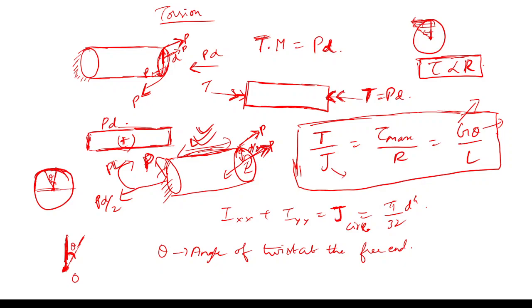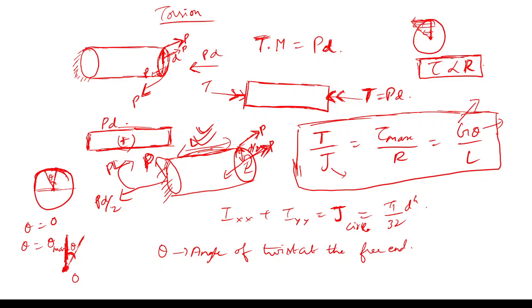And can you say where this angle of twist will be zero along the length? At the fixed end, you will have theta equal to zero, whereas at the free end you will have the maximum angle of twist, theta max.